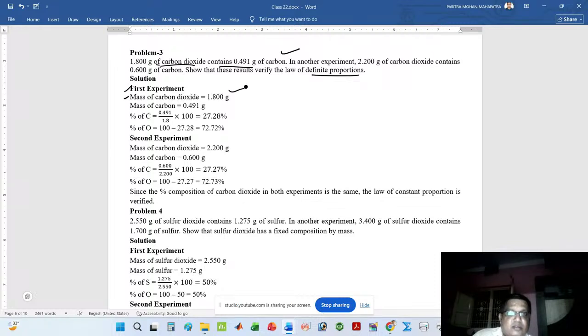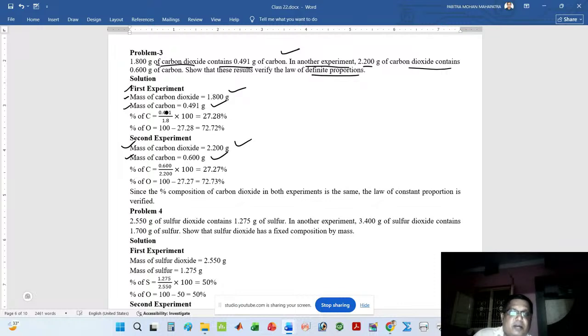Mass of carbon is 0.491 gram. Next, move to the other part. In another experiment, 2.2 gram of carbon dioxide contains 0.6 gram of carbon. So here I can write mass of carbon dioxide is 2.2. Mass of carbon is 0.6.